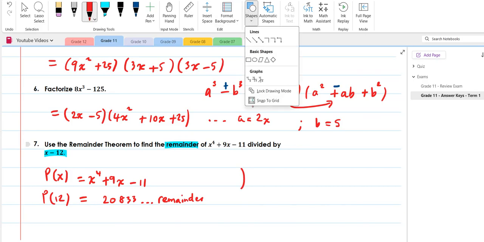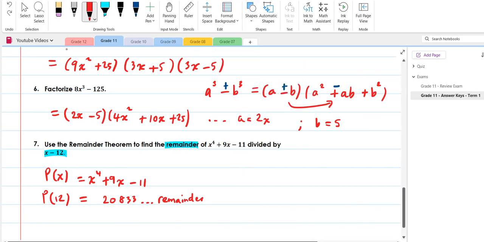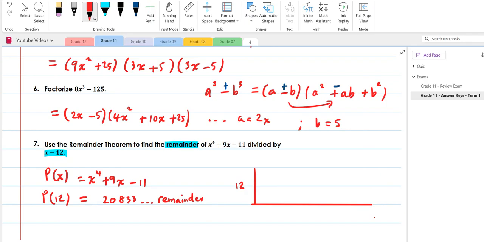So using synthetic division, we put the 12 on the outside, and we write this polynomial in order. We have 1, the coefficient of x to the power 4. The coefficient of x cubed is 0, and there is no x squared term, so 0, 0.